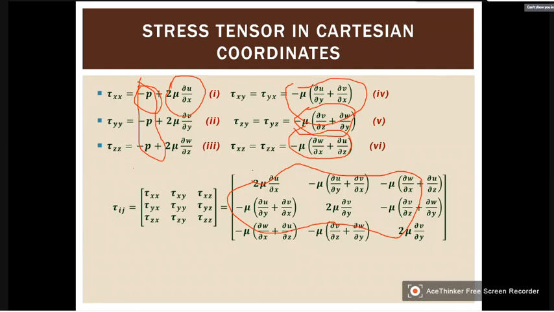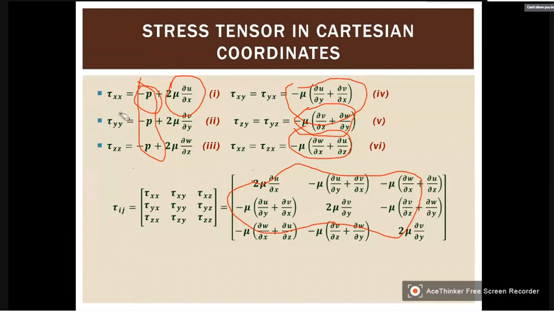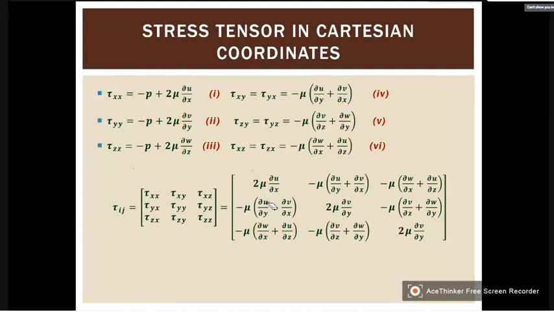So now use the simplifications we have. Dou u by dou x. What is dou u by dou x? According to our assumptions, what is dou u by dou x?